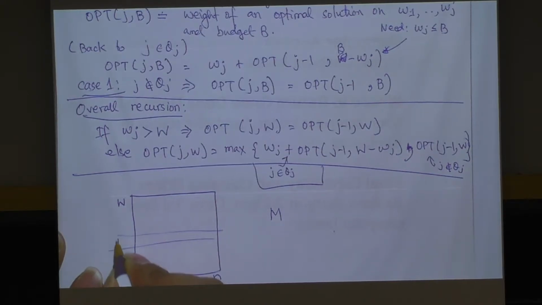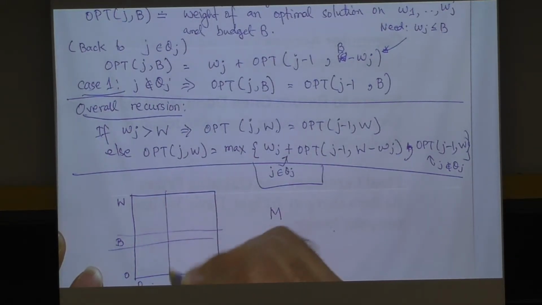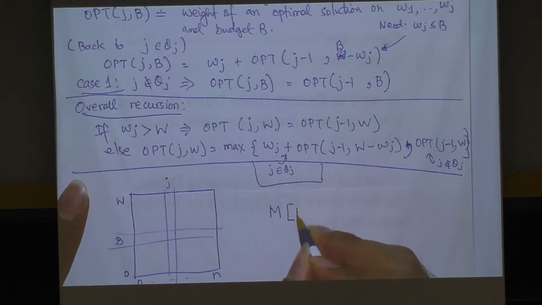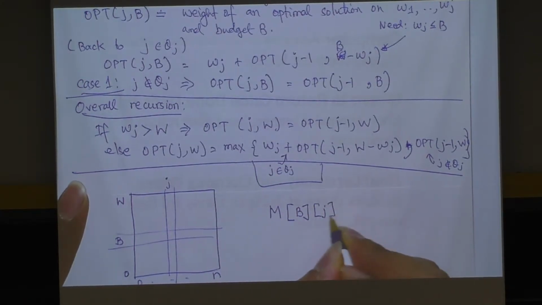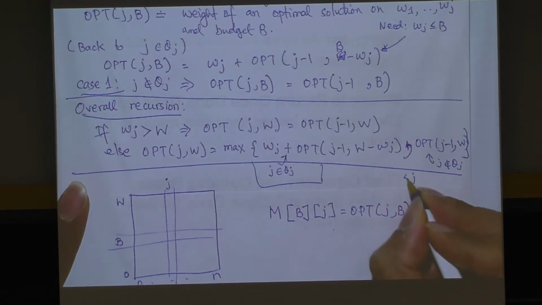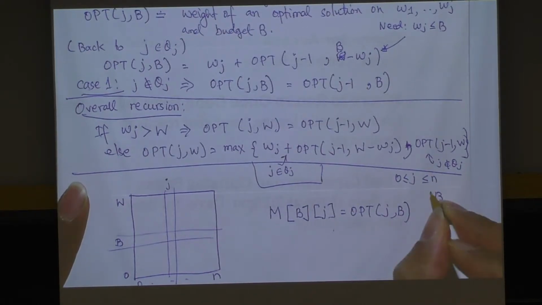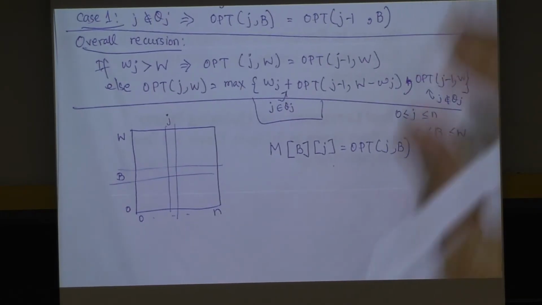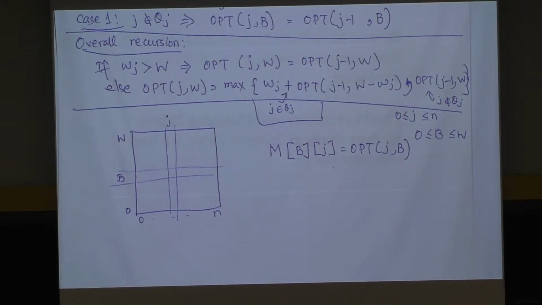And so let's say I call this matrix M. If I look at any row corresponding to a budget B, and any column corresponding to the number J, then M of Bj would be the same as opt of J comma B. And over here, again, J is from 0 to N, and my budget is from 0 to W. So if for another dynamic programming algorithm your opt had 3 parameters, you'd be looking at a 3-dimensional array, and so on and so forth.